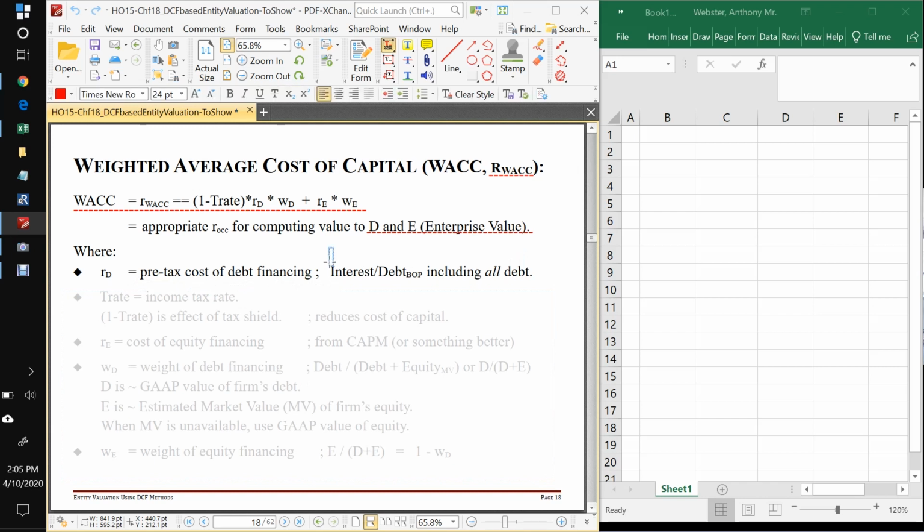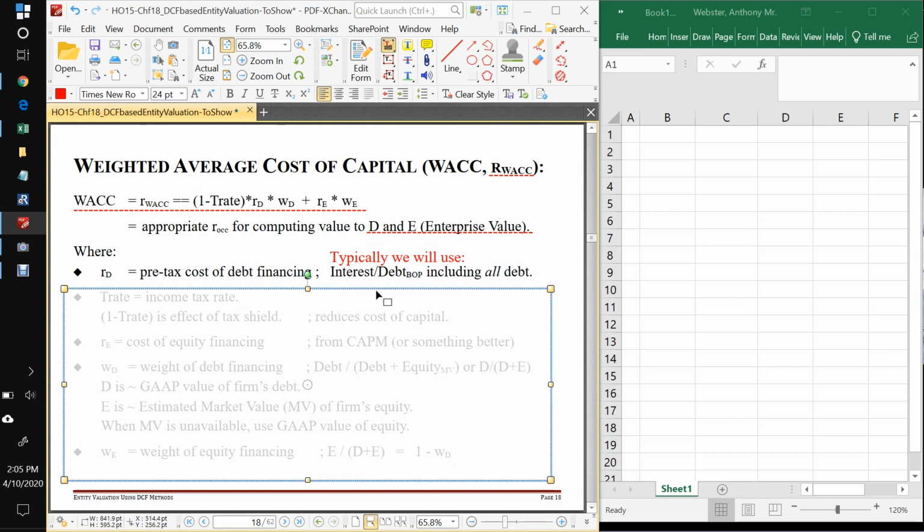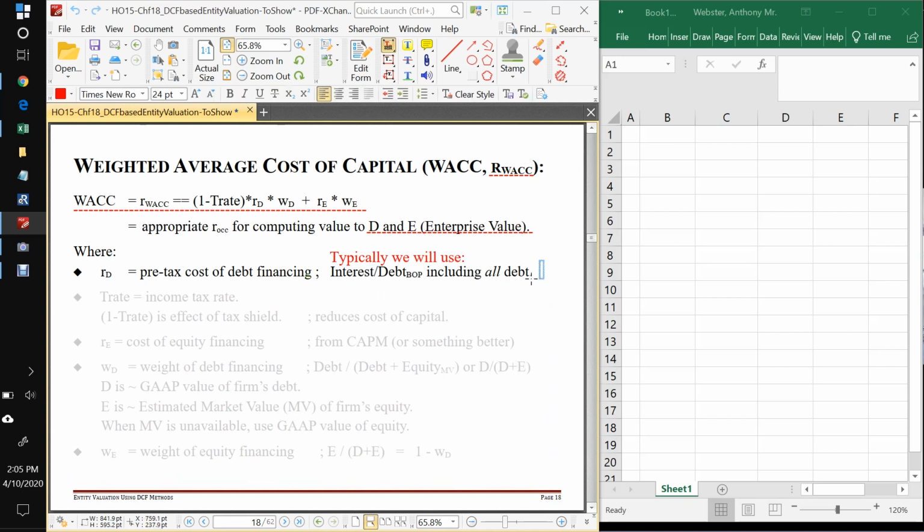And we're typically going to use, in the previous chapter, we learned several ways to compute our pre-tax cost of debt financing for an entity. And in this chapter, going forward, we'll probably use this. We'll just go from the income statement here.